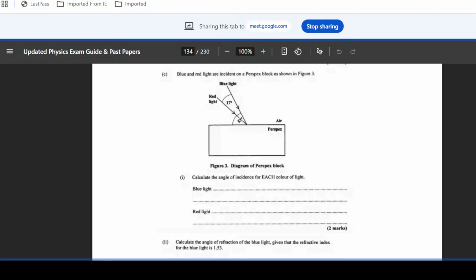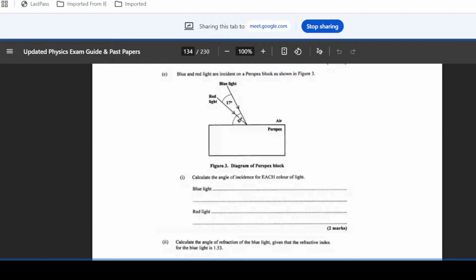So let's say that represents blue light, and this one represents the other one.